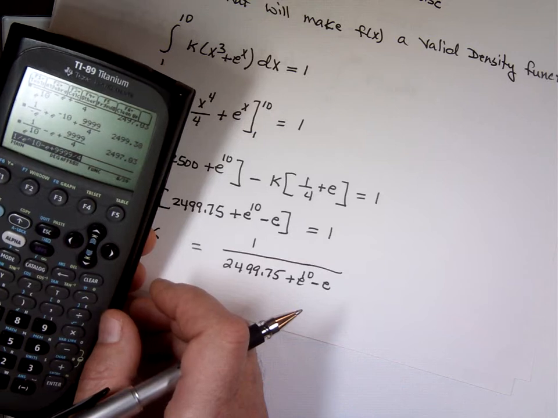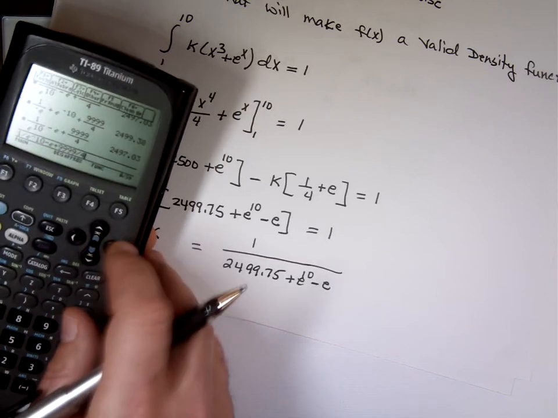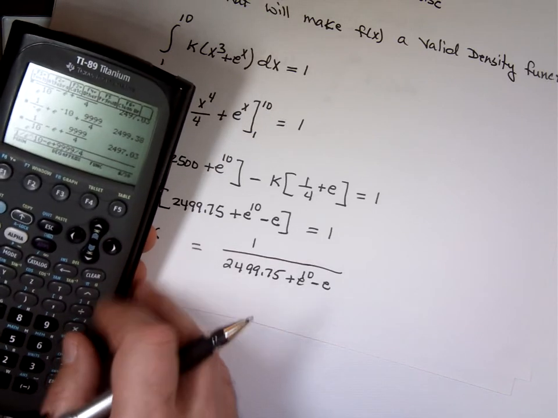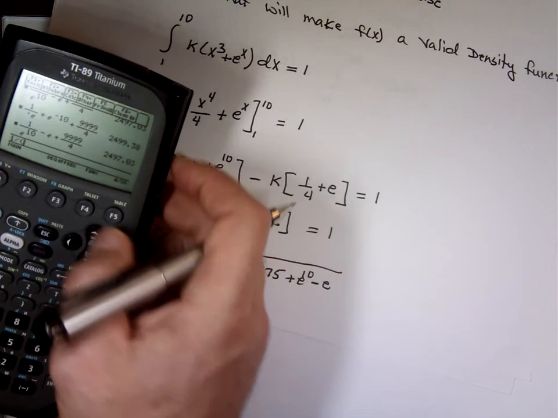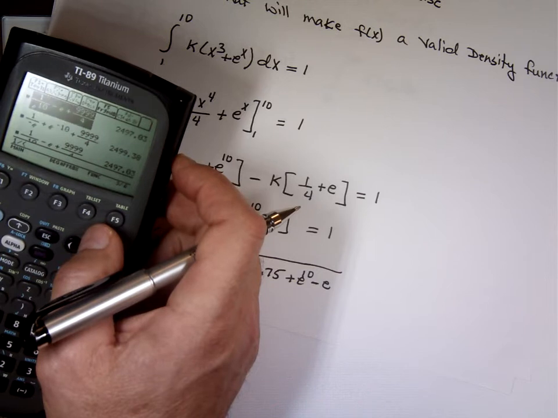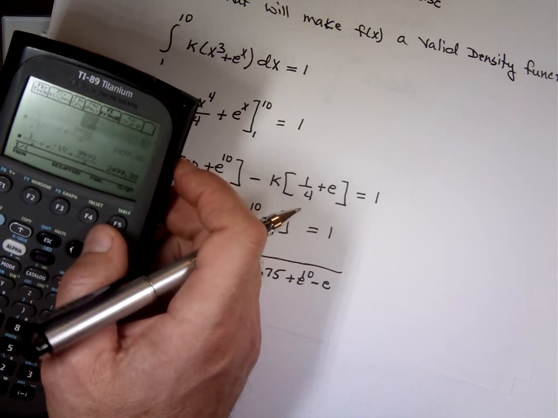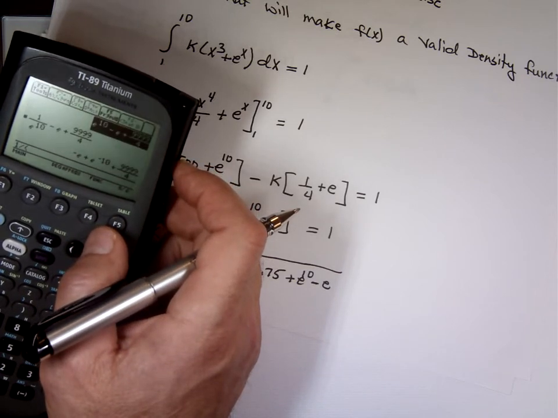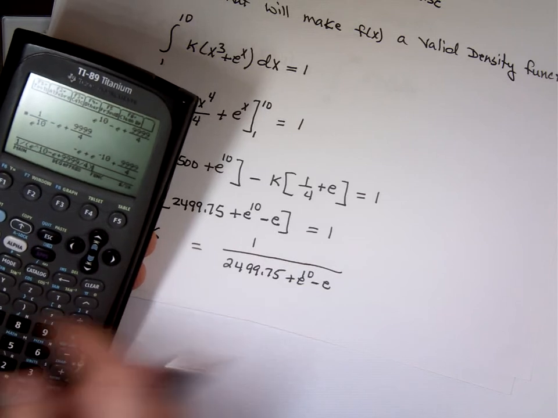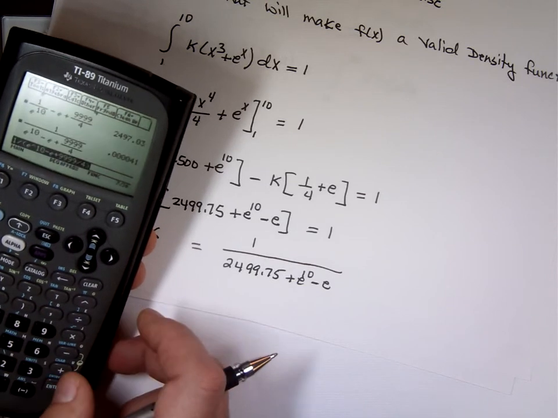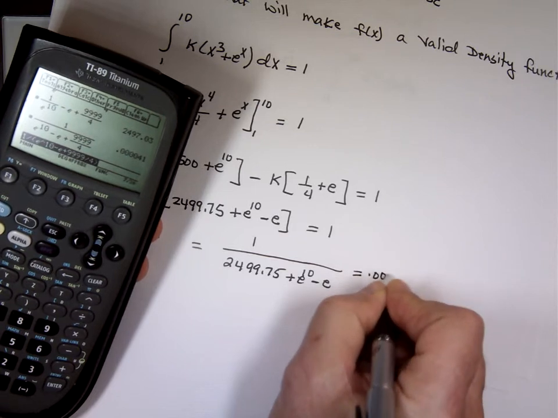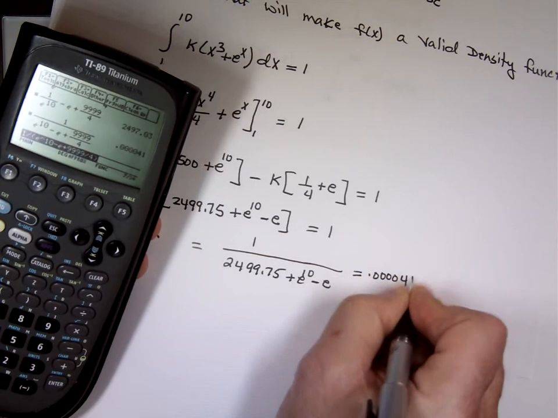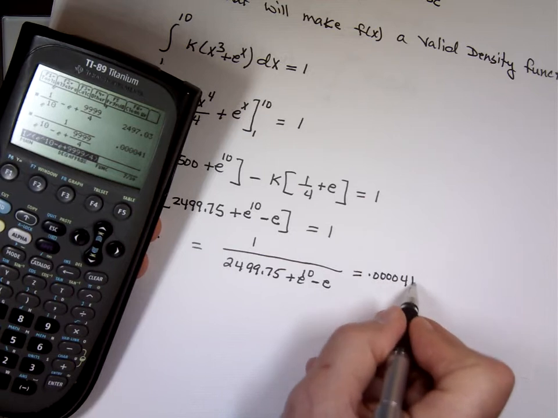Okay. Clear. 1 divided by parentheses. Where is that number? Keep going. Is that it? Yes, that one. Close parentheses, order of operations. Here's what k should be: 0.000041, which is 41 micro.